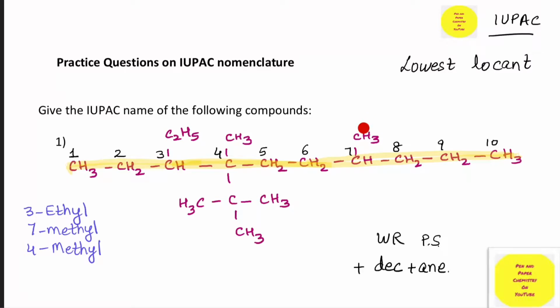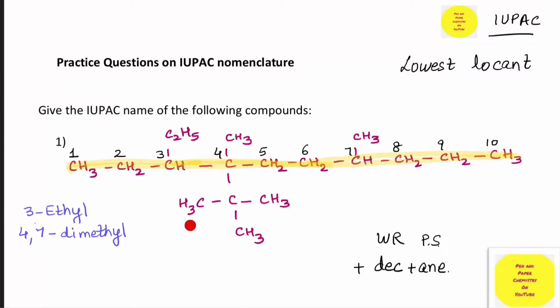How can I represent 2 methyl together? Yes, by calling it dimethyl. So instead of writing 7 methyl and 4 methyl, I can write it as 4,7-dimethyl. So our ethyl is taken care of, methyl is taken care of.